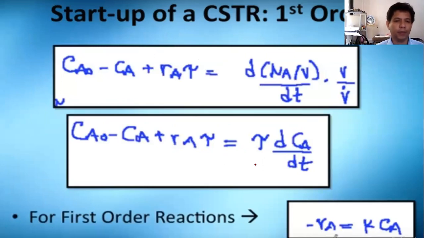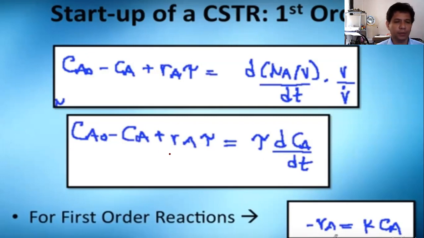We have a tau here because V over v is tau, and N_A over V is C_A. So we have a homogeneous differential equation.